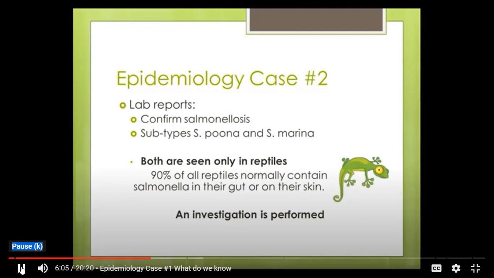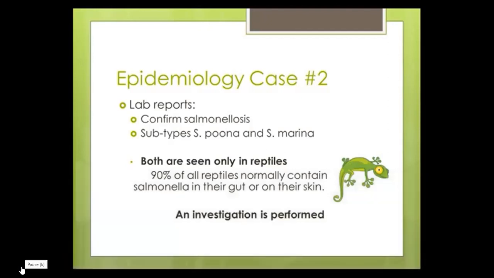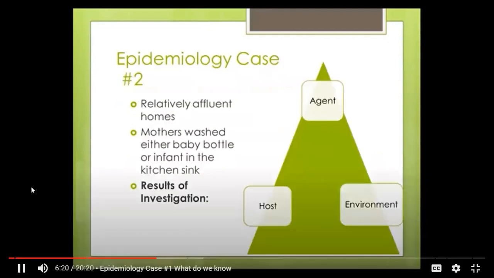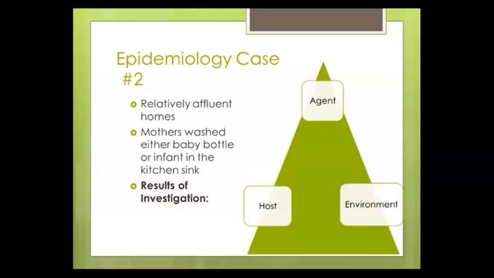The subtypes were Salmonella puna and Salmonella marina, both of which are only seen in reptiles. So this was significant. An investigation was performed. When they went to the homes and did home visits, they found that the homes of the patients were relatively affluent, and they also found that the mothers had washed the baby bottles and or their babies in the kitchen sink.